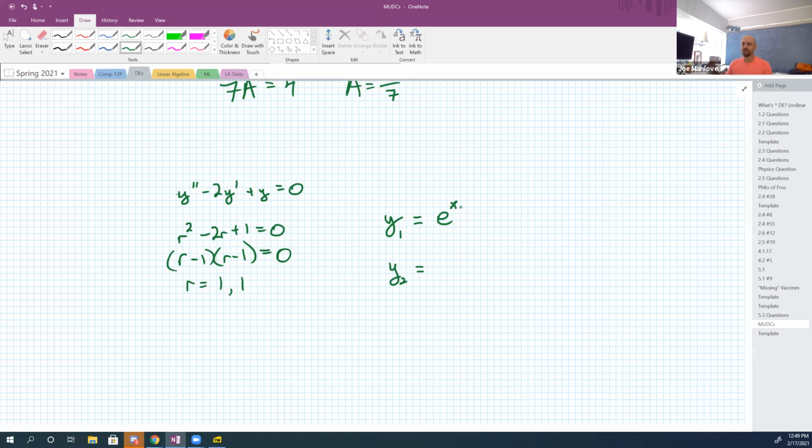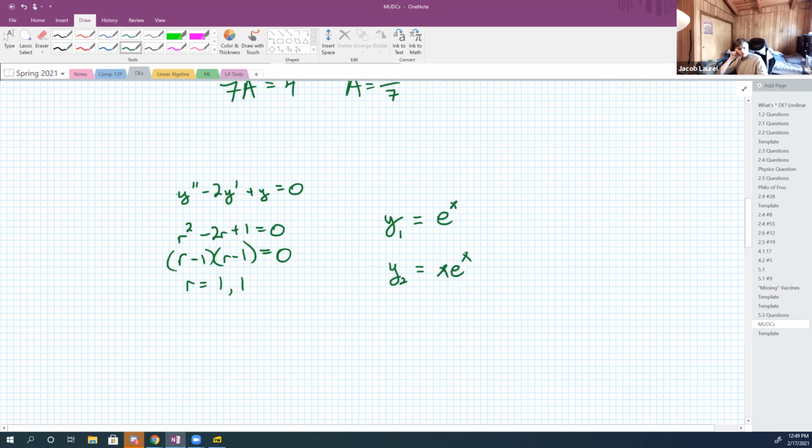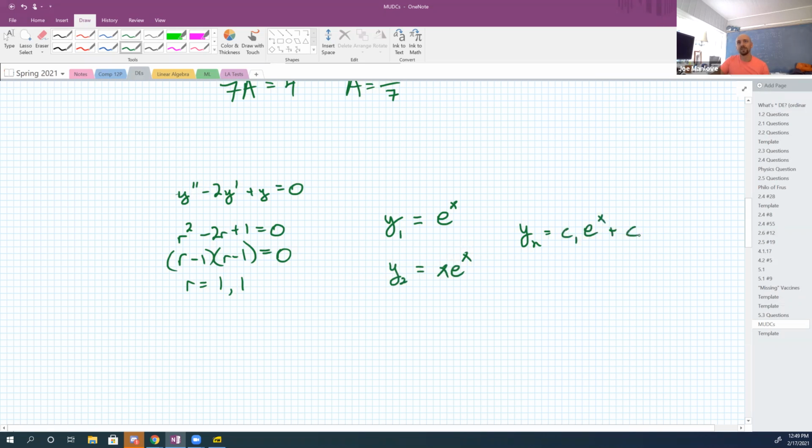So does anybody remember from the section about homogeneous constant coefficient equations? Isn't it x e to the x? Perfect. So this is already kind of a known thing. If I have a repeated root, I slap an x on it to get a second solution. So my homogeneous solution here is c1 e to the x plus c2 x e to the x.